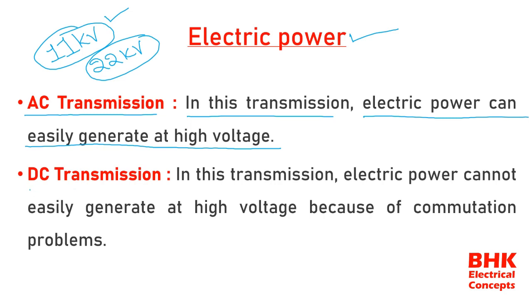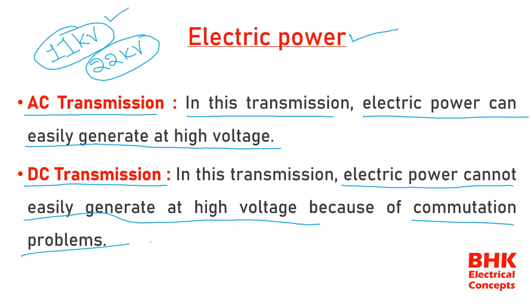But in case of the DC transmission system, electric power can't easily be generated at high voltage because of commutation problems. We know that the commutation system is very important in case of DC, so it is not possible to generate high voltages with the help of the DC system.